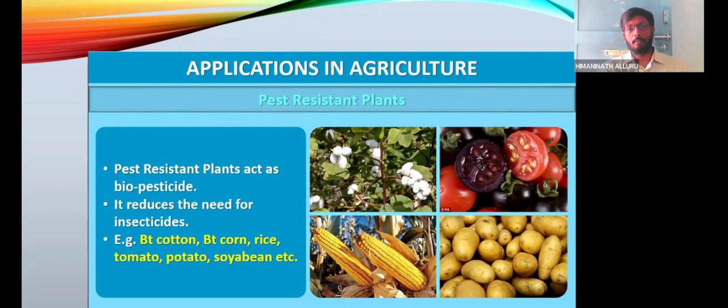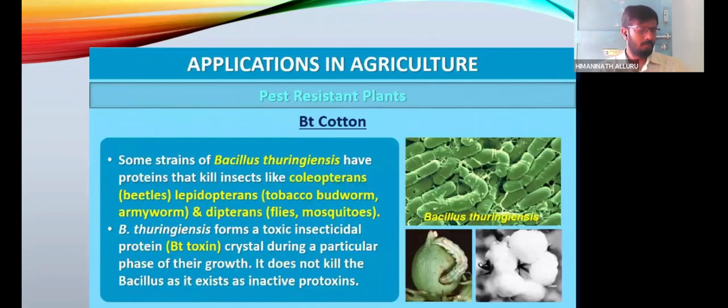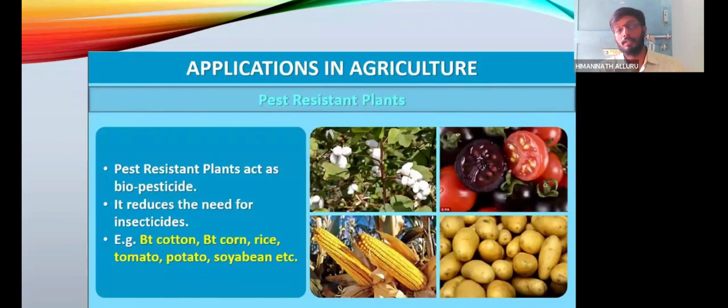Bt cotton, Bt corn, Bt rice, all these examples we can give of how this has been a very important development. Before that, we can inform the children about the troubles faced by farmers previously when they were using normal cotton, and how much economic loss used to happen.